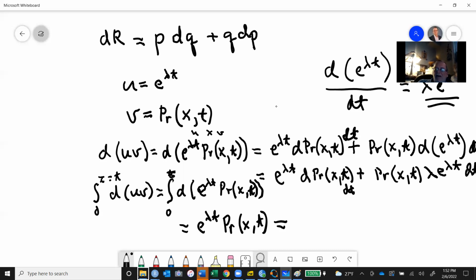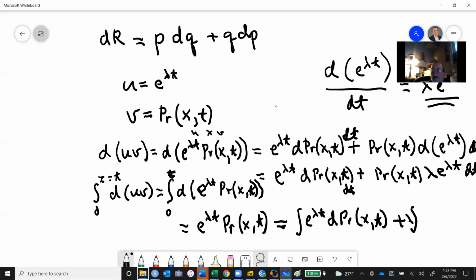And then this becomes the derivative of e to the lambda t d x plus this.